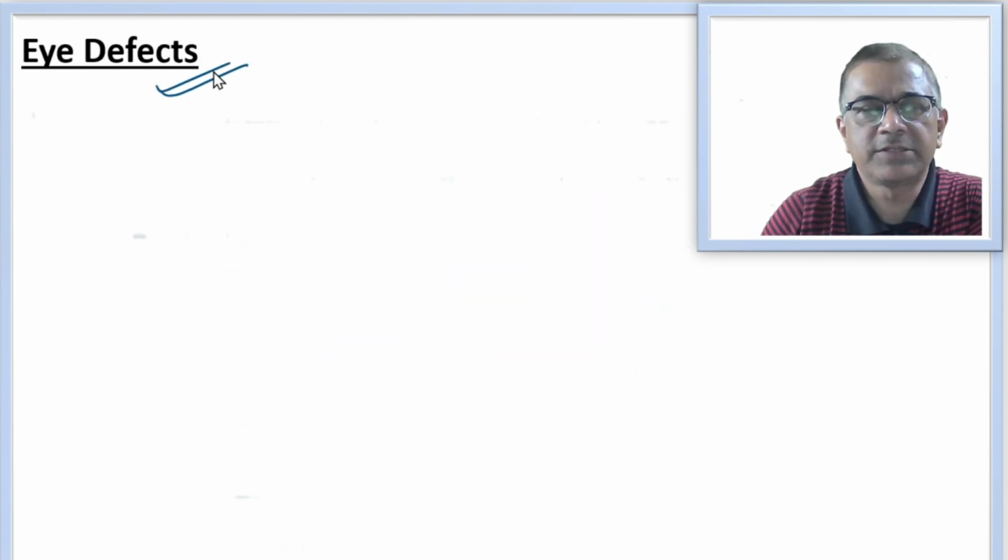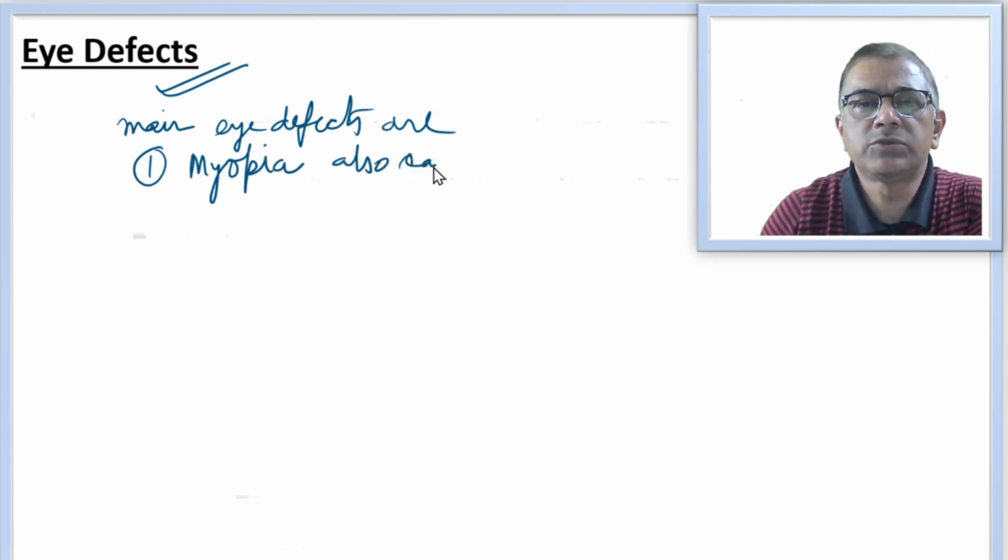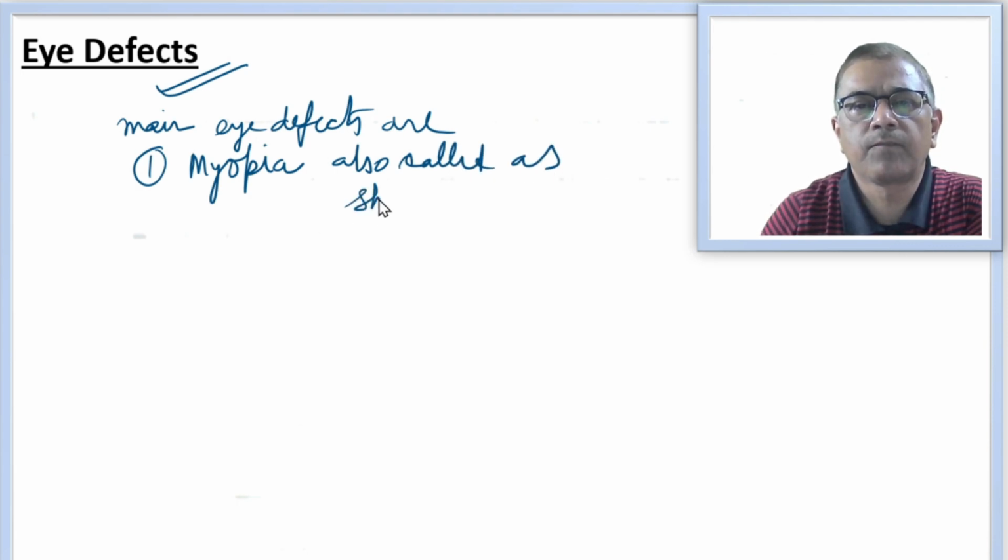Now the eye defects. The main eye defects are number 1, myopia, also called as short-sightedness.